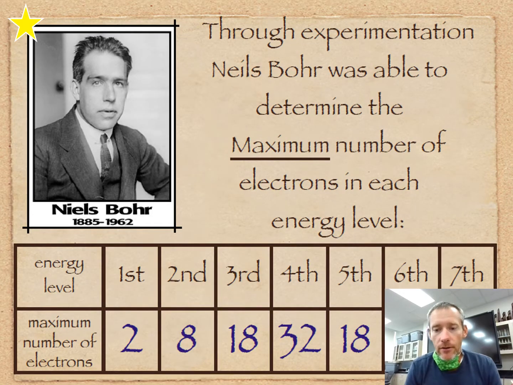So quickly, the maximum number of electrons grows bigger up to the fourth energy level, and then they start going down to the seventh. That's through experimentation that he figured out the maximum number of electrons. You don't have to have that many, but basically the crux of the energy is in that fourth level.